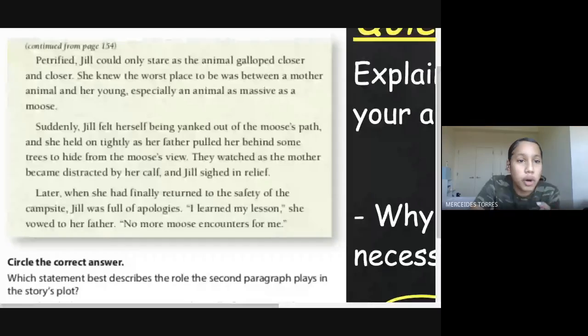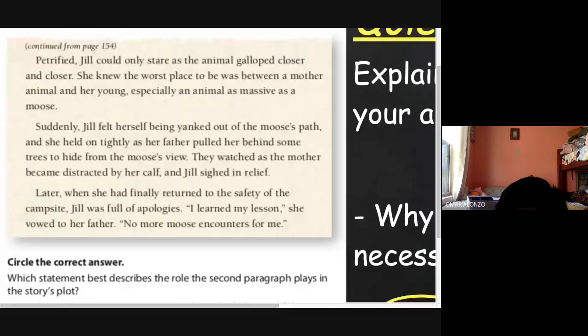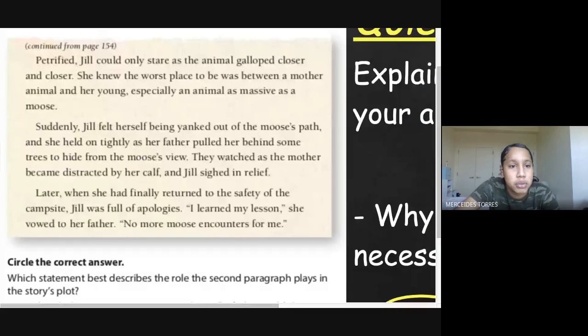Petrified, Jill could only stare as the animal galloped closer and closer. She knew the worst place to be was between a mother animal and her young, especially an animal as massive as a moose.